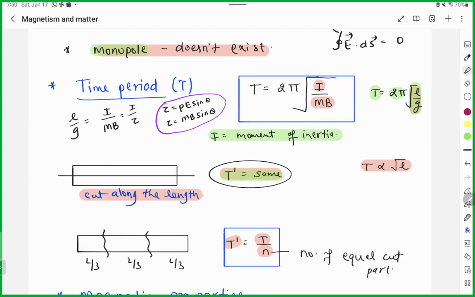Why is time period the same? Because length remains the same. Correct? If you cut into different segments, like three equal segments, L by 3, L by 3, L by 3, what will happen? Your time period will also reduce. Why? Because it depends upon length. When length is reducing, time will also reduce. It will take less time. It will move fast. Make sense, guys?